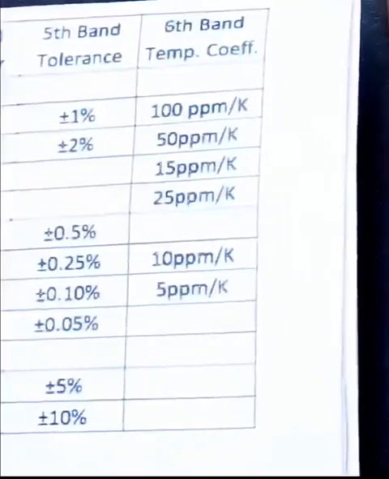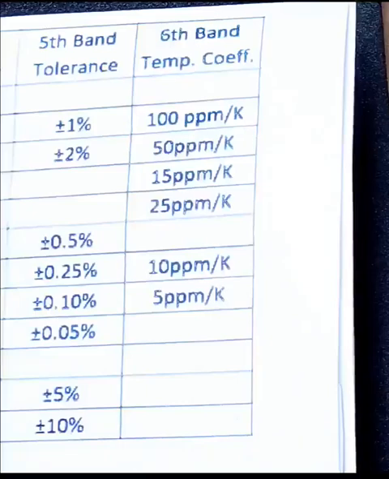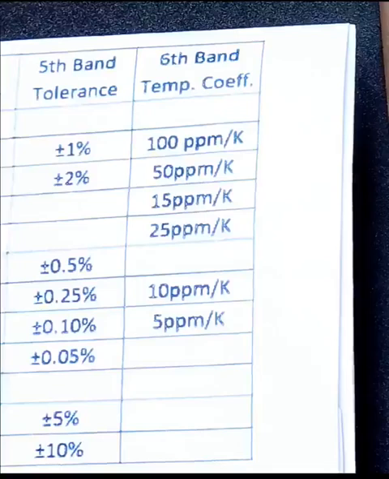The 6th band represents the temperature coefficient of the resistor. ppm per Kelvin is an abbreviation for parts per million per degree Kelvin. The 6th band indicates how much the resistance of the resistor changes with temperature.